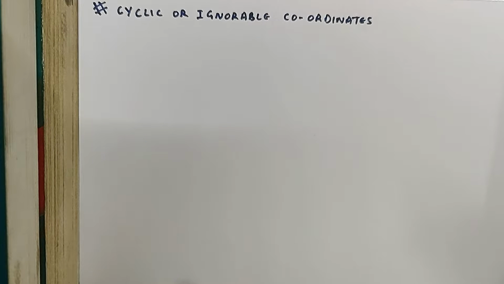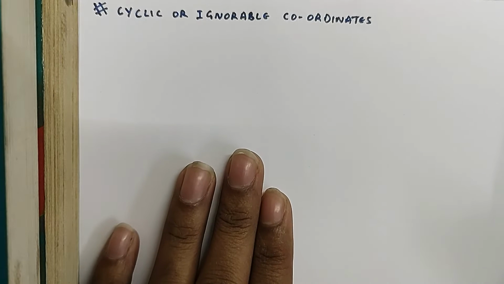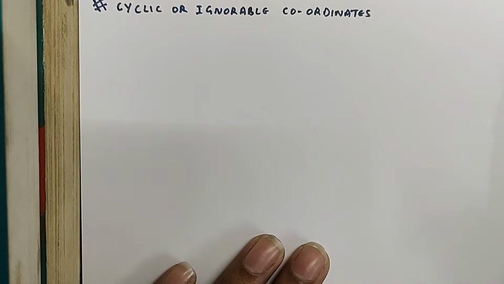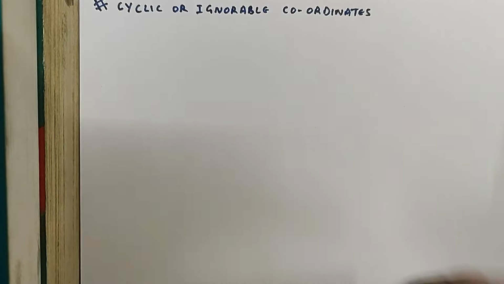So we are almost nearing the end of this lecture series. What we have done so far is the Lagrangian. We took many prerequisites so that we can define an equation for Lagrange's equation of motion, and we saw the kinetic energy in generalized coordinates.